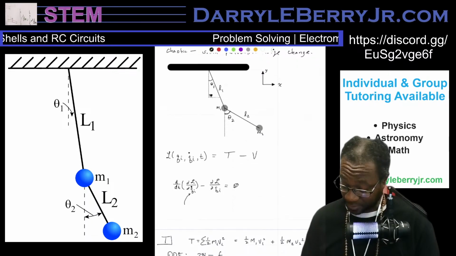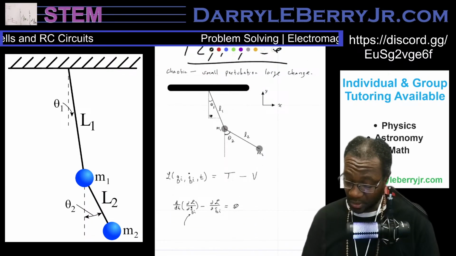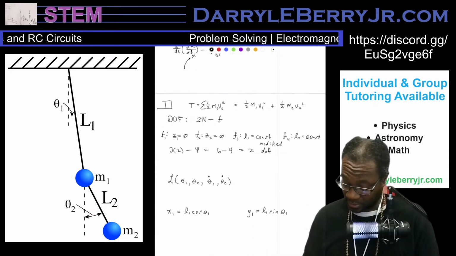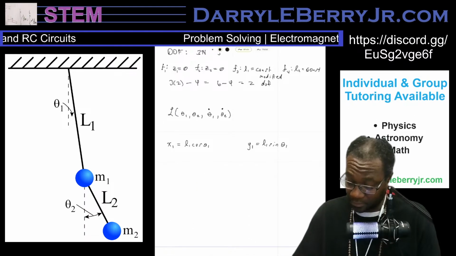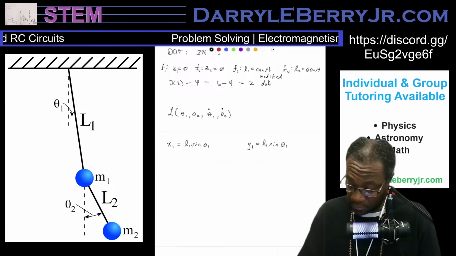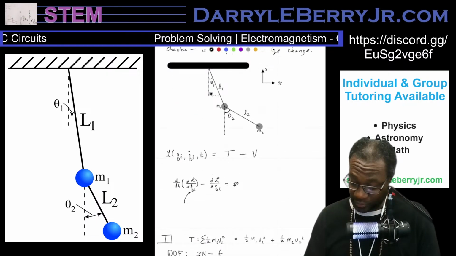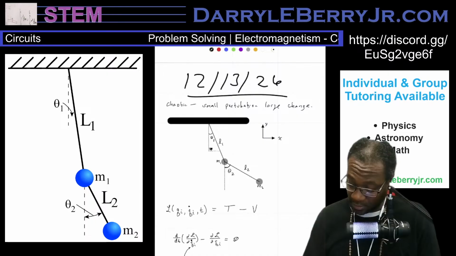So the way I have it set up here, actually, I'll just do it the way I wrote it here. We actually have that x is sine of theta 1, and y is cosine theta 1. So you can see how sine of theta is opposite over hypotenuse.